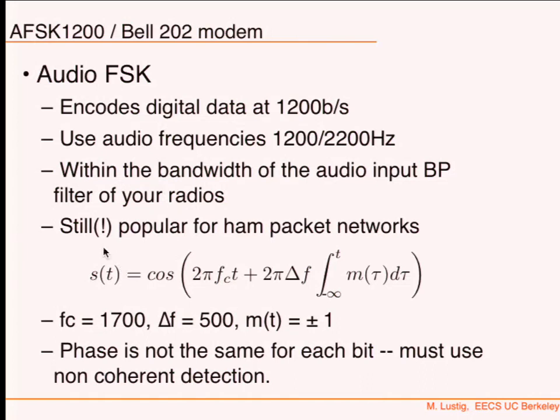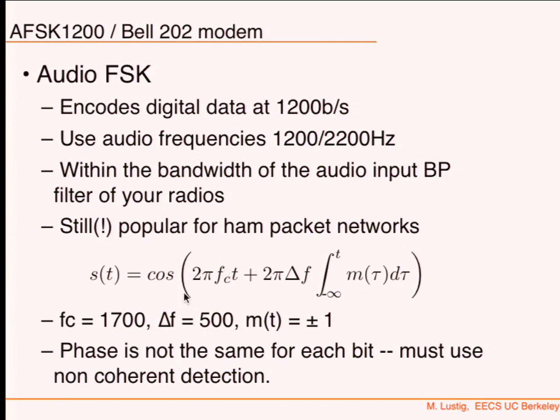So the idea there is that you switch between two frequencies. The center frequency is 1.7 kilohertz, and a delta of 500 to each side. So the signal really looks like this.